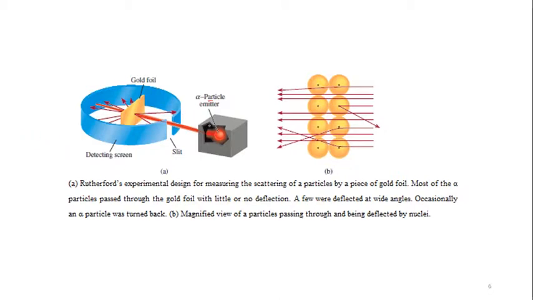When the beam of alpha particles passed through the gold foil, most of the rays passed directly through it, indicating that most of the atom is empty space. And some of those were deflected with a wide angle.